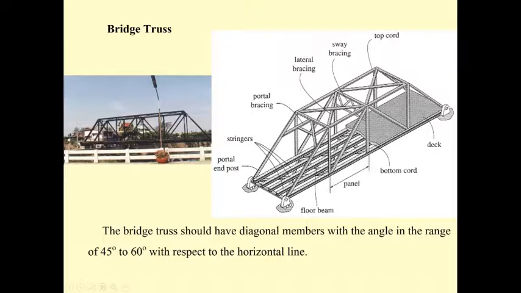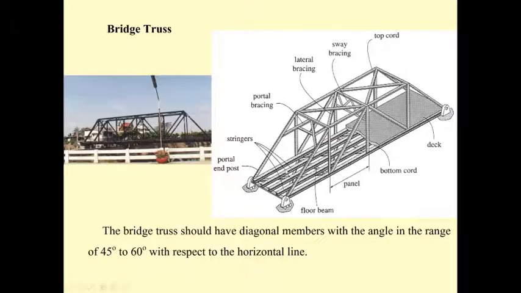This is very important to increase the stability of the trusses. Okay, and some trusses may also have portal bracing, as in the picture on the first slide that we have. And then they put the stringers along the length of the bridge truss, and then build the deck on top of the floor beams.